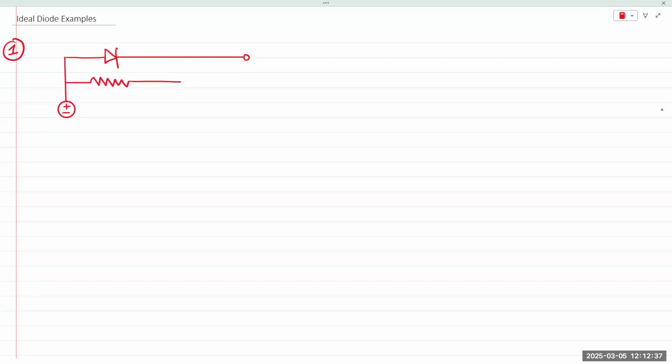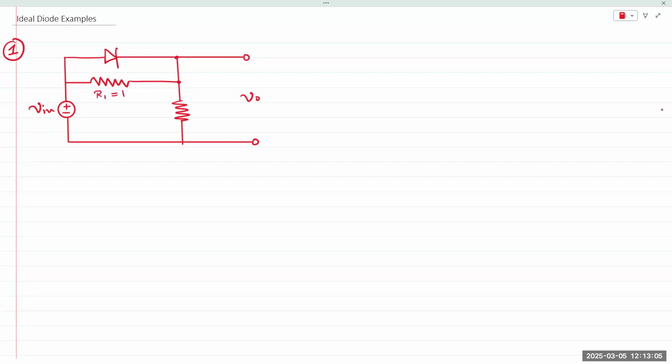Then let's add another resistor here. And this would be your V out, and this is V in.